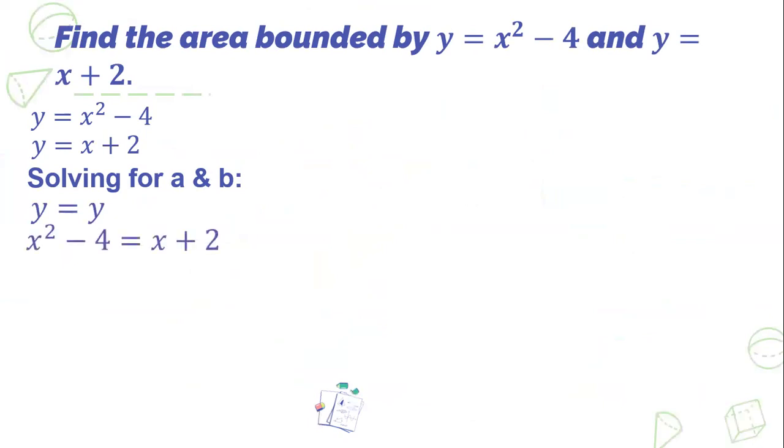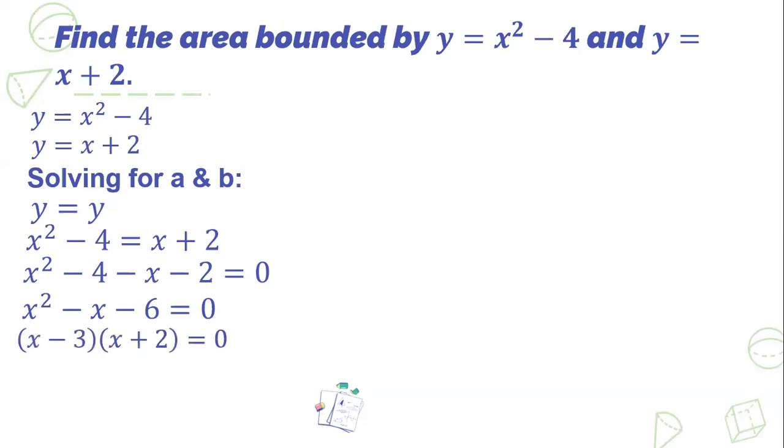Then we transpose x plus 2 to the other side so that it becomes quadratic. We simplify to become standard form. So we have x squared minus x minus 6 is equal to 0 as our standard form of the quadratic equation. We can now factor this so that it becomes the quantity x minus 3 times the quantity x plus 2 is equal to 0.